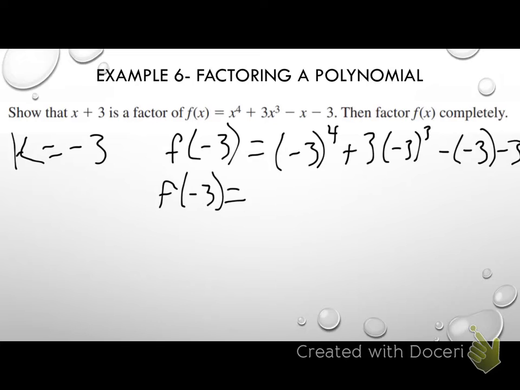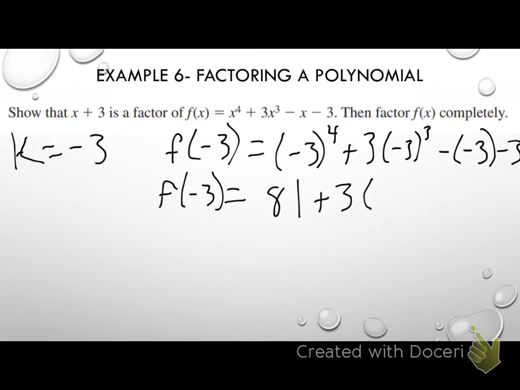What's -3 times -3? Positive 9. Positive 9 times -3. -27. And then -27 times -3. 81. Very good.